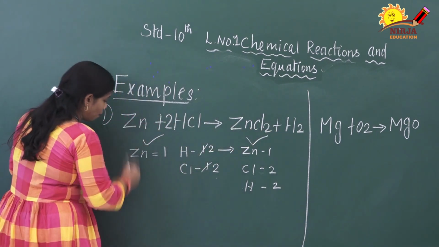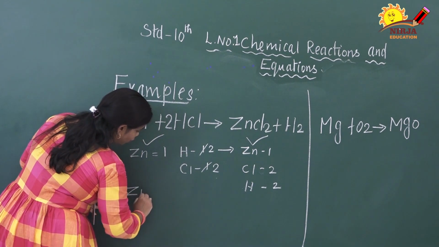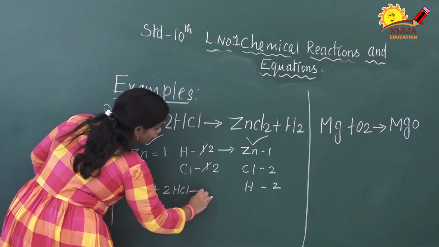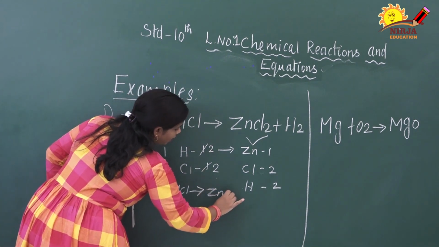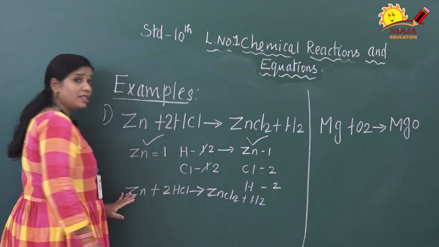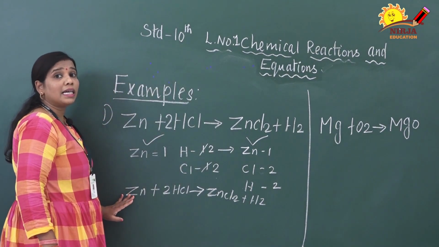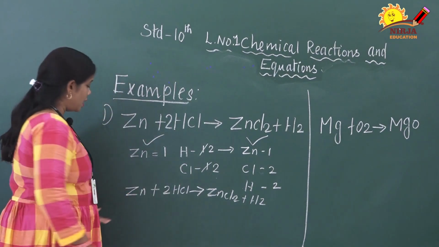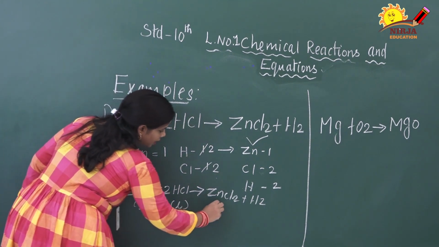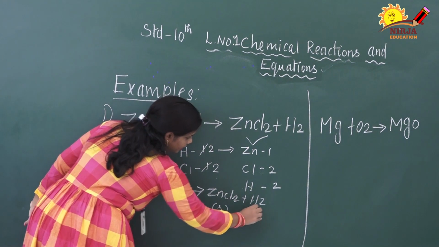Once you complete the balanced equation, you write zinc plus 2 HCl gives ZnCl2 plus H2. This is the balanced chemical equation. Here the zinc is a solid, hydrochloric acid a liquid, zinc chloride is a solid, and this is the gas.